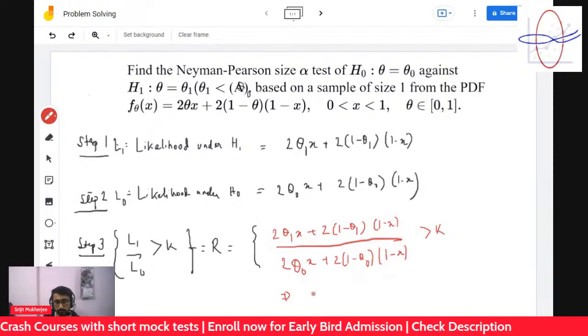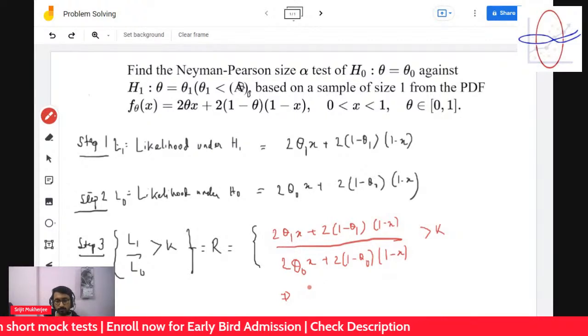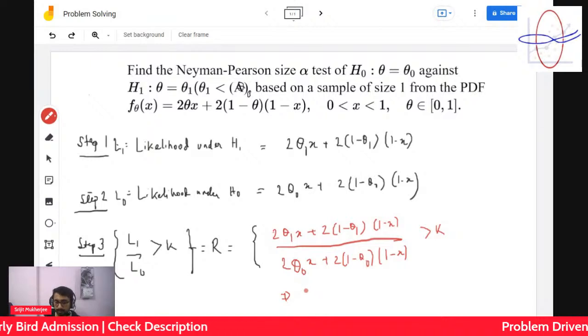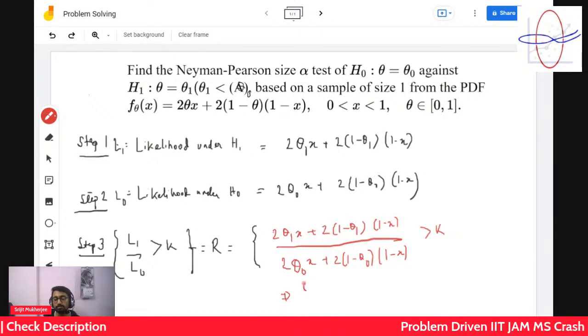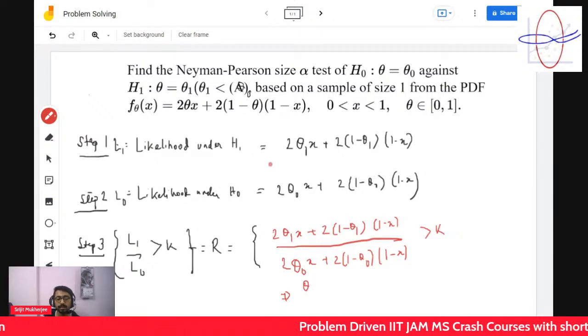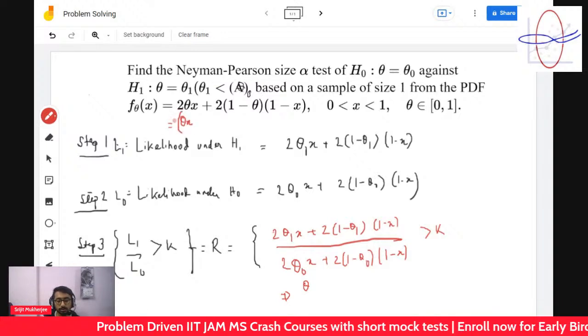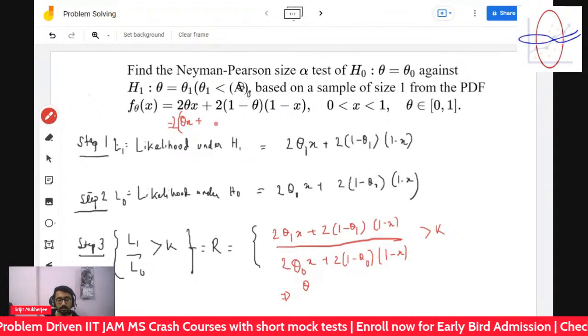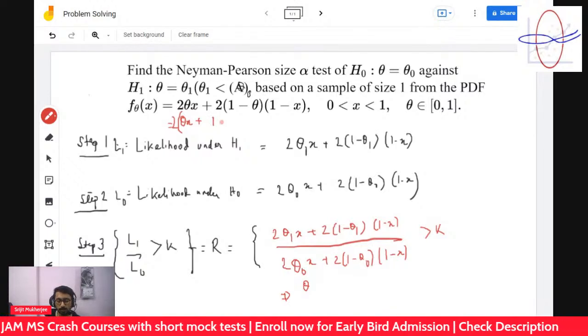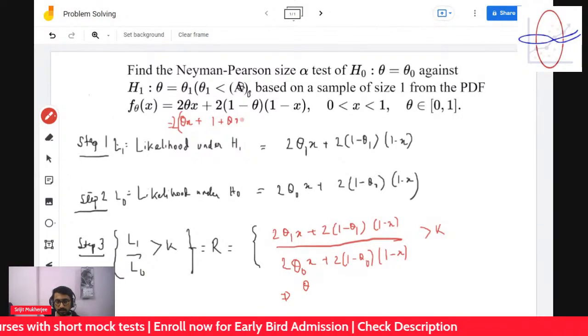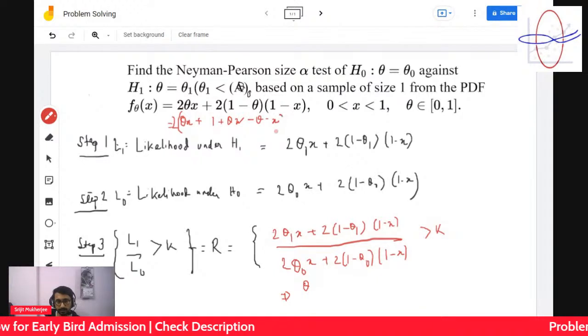Sir, if you're canceling two, then there will be no two left anywhere. Yes, so can you just tell me the final output of the numerator? If you expand this, it turns out to be theta x, 2 times theta x plus 1 plus theta x minus theta minus x.